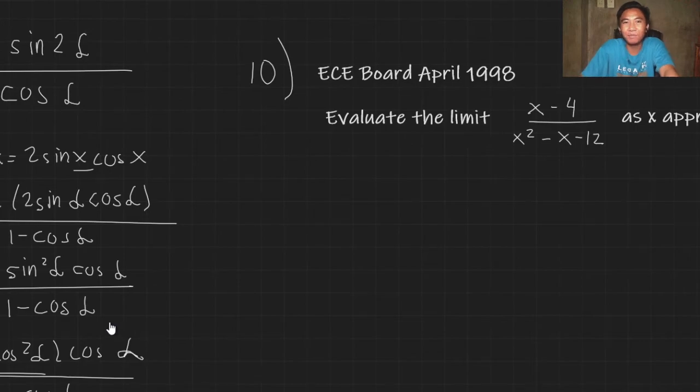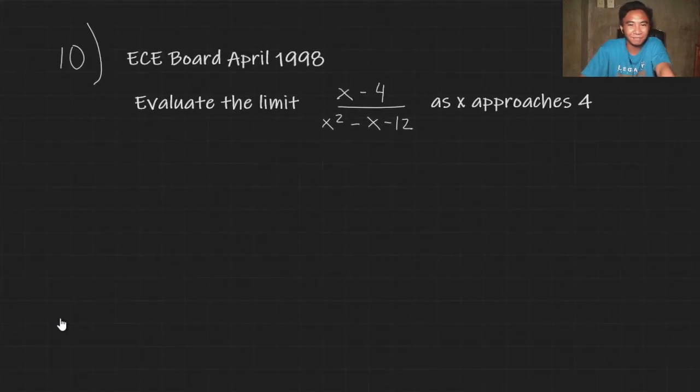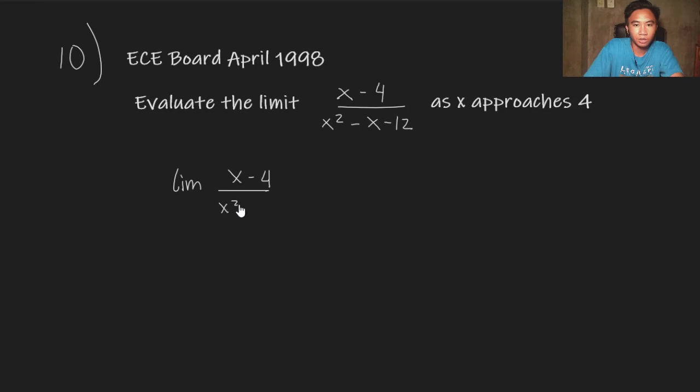So, ito pang board naman. Diba? So, ito, ECE board noong April 1998. So, evaluate the limit x minus 4 all over x squared minus x minus 12 as x approaches to 4. So, the limit of x minus 4 all over x squared minus x minus 12 as x approaches to 4.